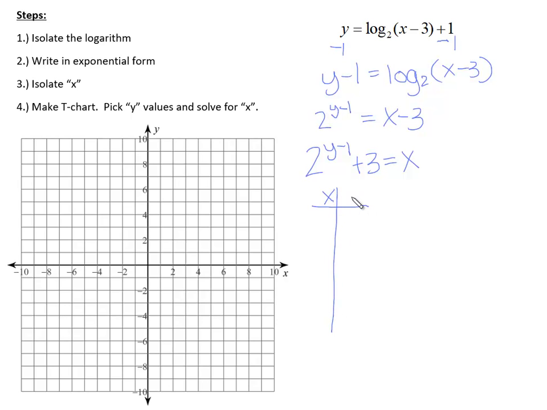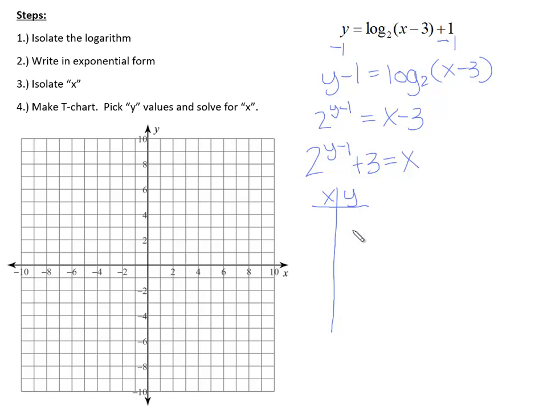We're going to do this a little backwards though. We're going to pick values of y and solve for x, rather than pick values of x and solve for y. So we have y written as a function of x right now. The one you want to start with, kind of in the middle of your t-chart, that's going to give us the best picture of this logarithm, is the value of y that makes your exponent 0.